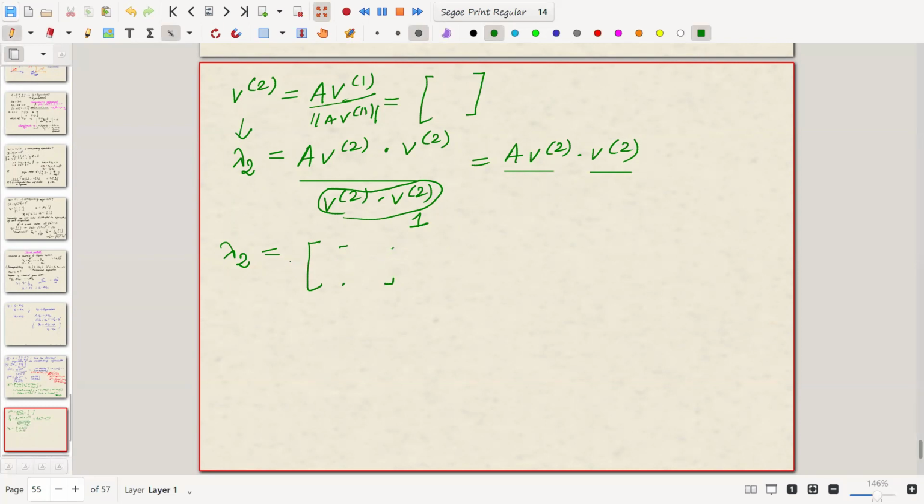Wait, 7 point. Okay. Then what is the dot product with V2? V2 is 7 on 4. Okay, so this you got around 10.5.